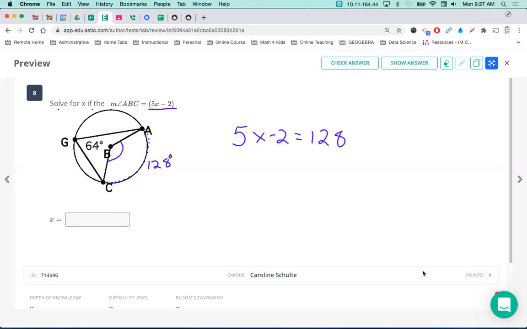If I add 2 to both sides, 5x equals 130. And when I divide by 5, I believe we get x equals 26.